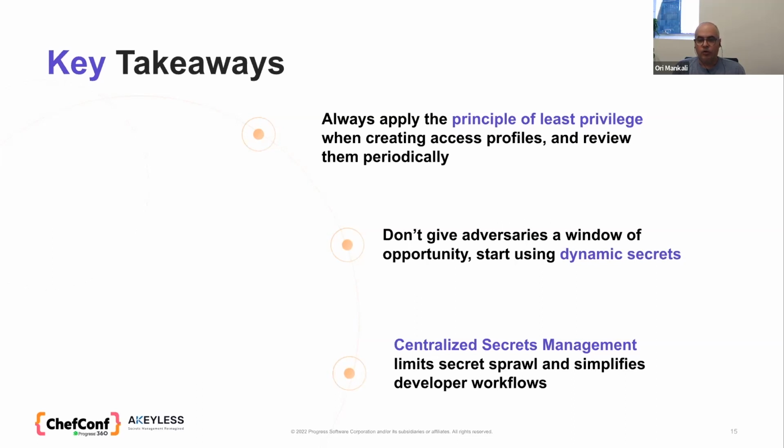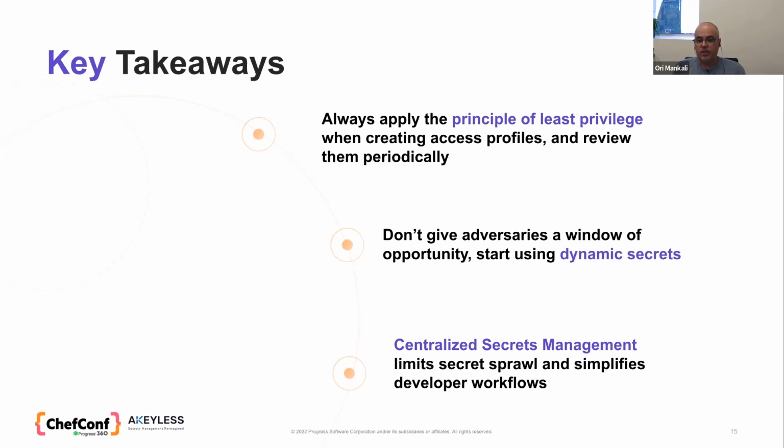Secondly, don't expand the duration of those credentials for more than required. You want to minimize the window of opportunity for a malicious user, and this can be done by minimizing the TTL to the minimum required. And you can always trigger a revoke operation once you have finished performing what you had to do.